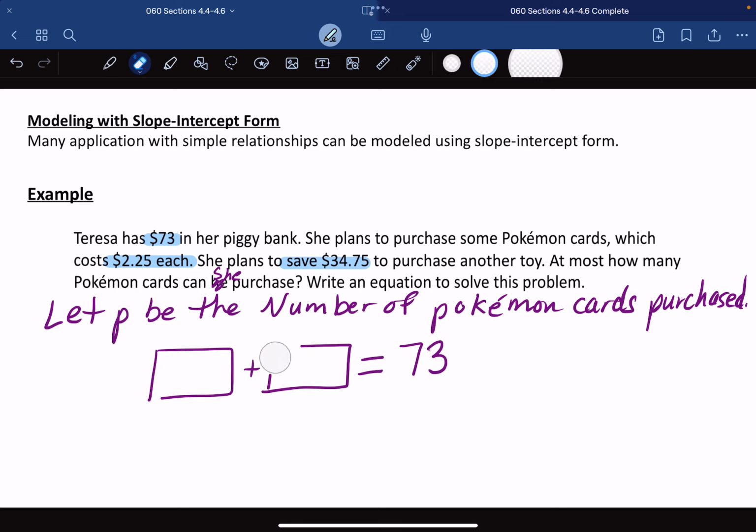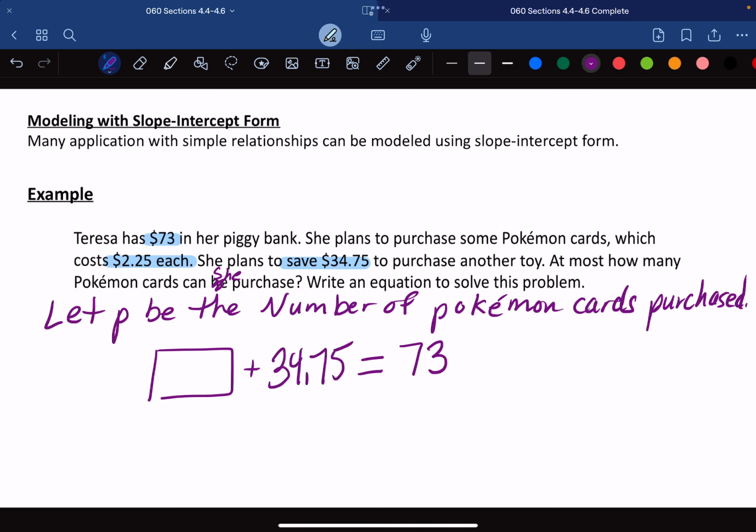We do know the price of our other toy. We know that this is $34.75. It's the Pokemon one that we don't know. That's our unknown, because we don't know how many we want to purchase. But we do know the cost of each one. So if we purchase one, it'll be $2.25.